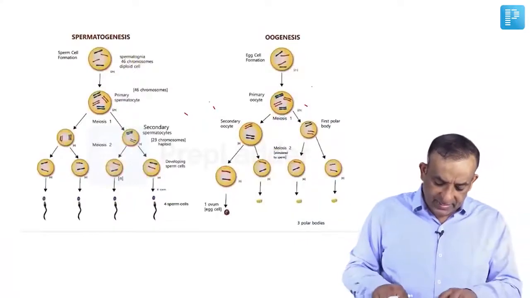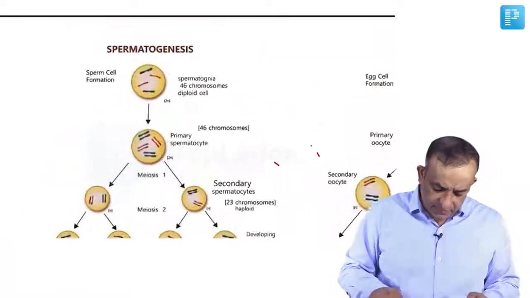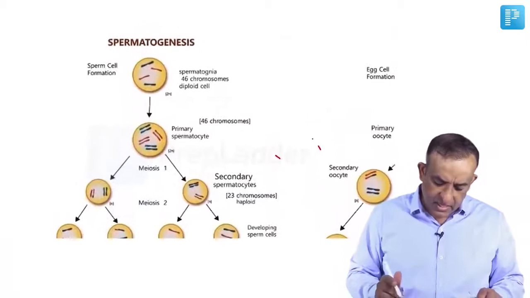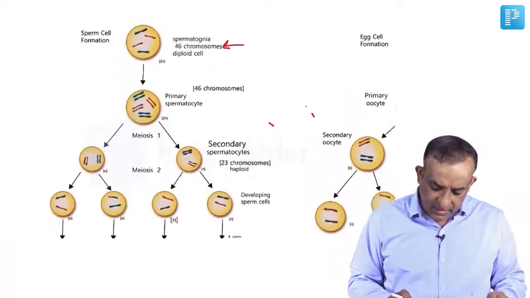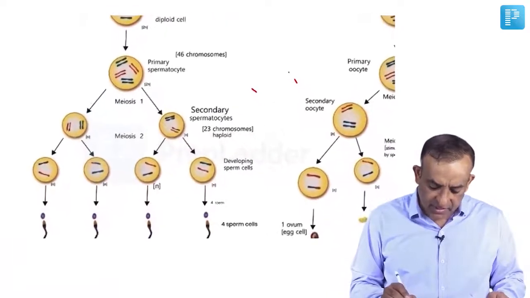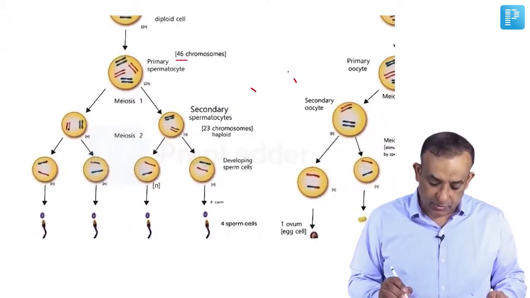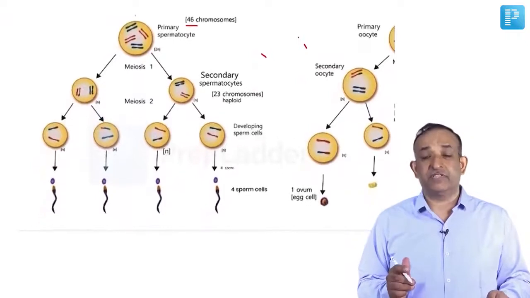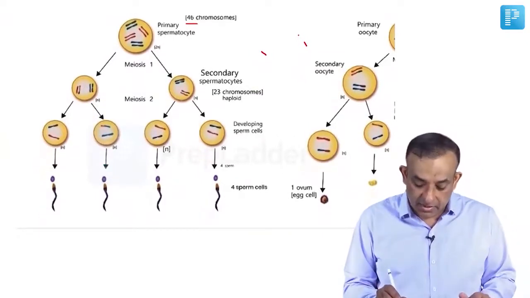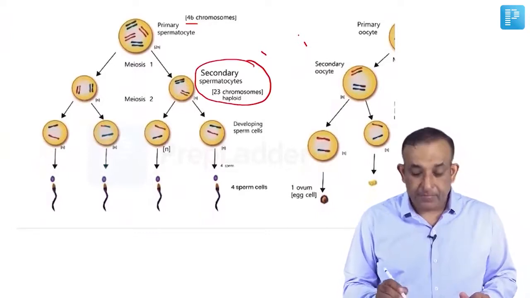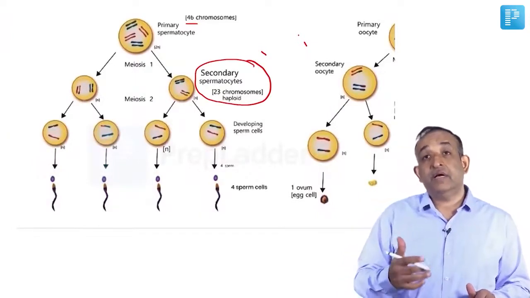So let's see the events in more detail here. Spermatogenesis starts from the spermatogonia, which is a diploid number, and then it changes into the primary spermatocyte, which is still a diploid number, 46 chromosomes, and the first meiotic division converts the primary spermatocyte to the secondary spermatocyte. Now, this is your MCQ which comes in many exams. Which of the following is a haploid number?